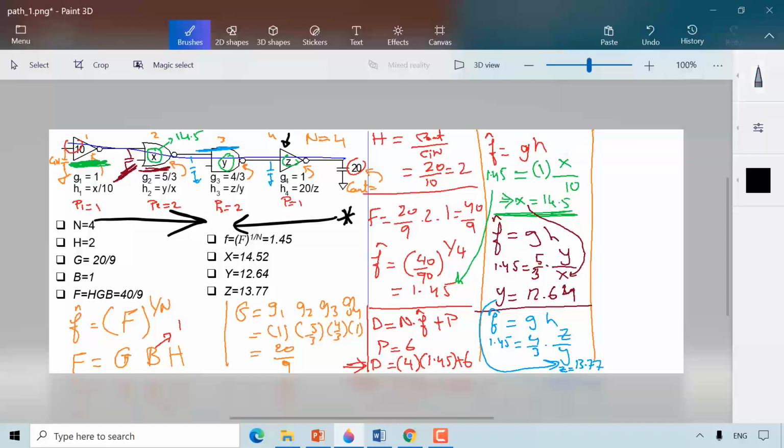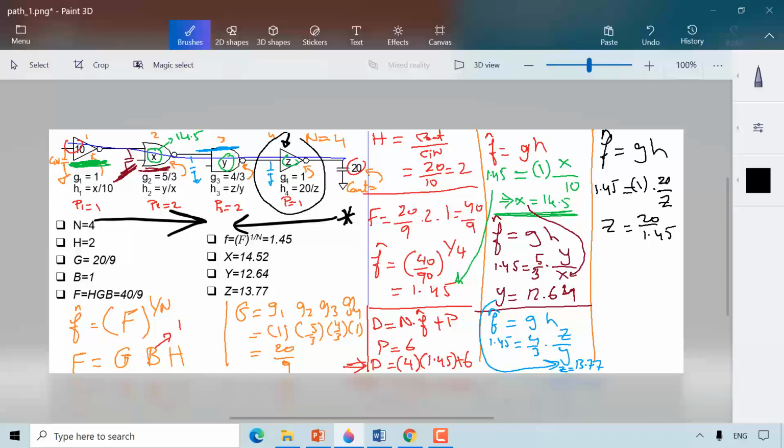Examine this output side, which is this inverter. For this inverter, F hat equals GH. F hat is 1.45. G is 1 times H, which is 20, the output load, over Z. I can find Z very quickly, because it's 20 over 1.45.